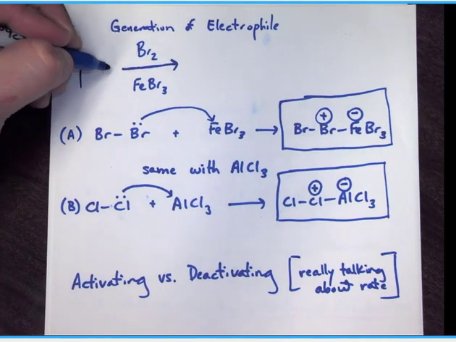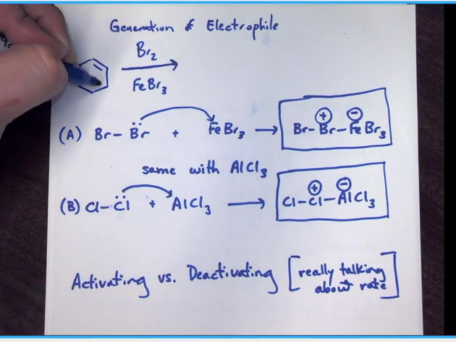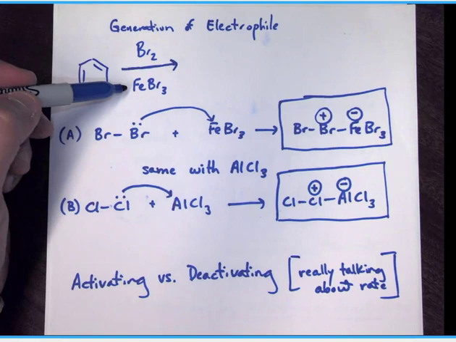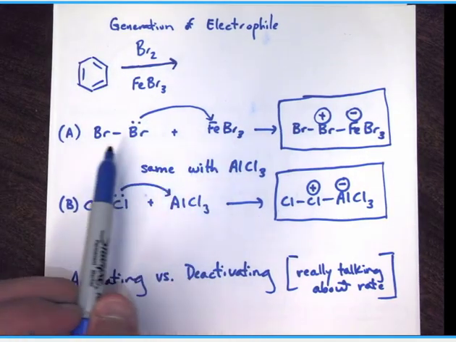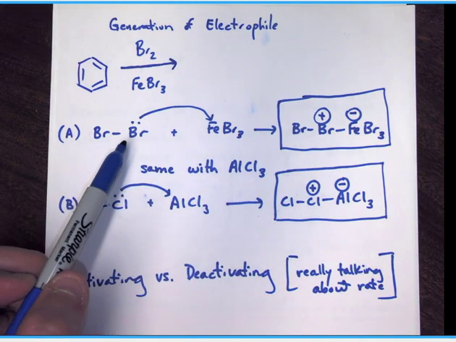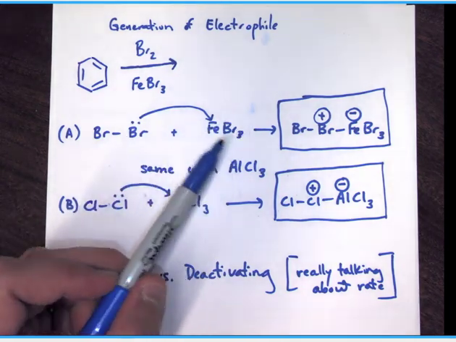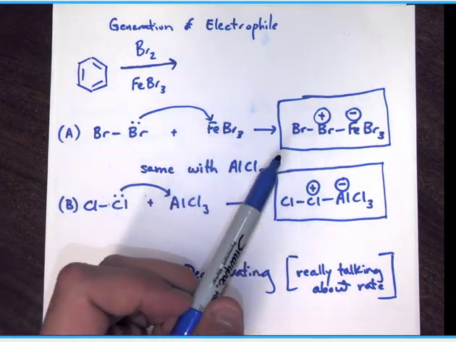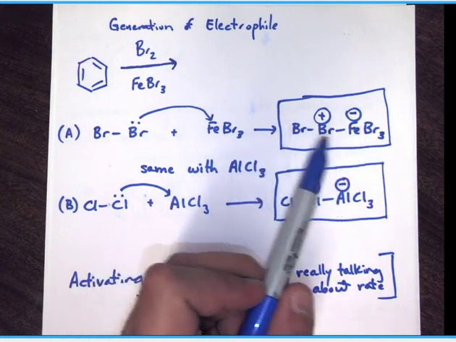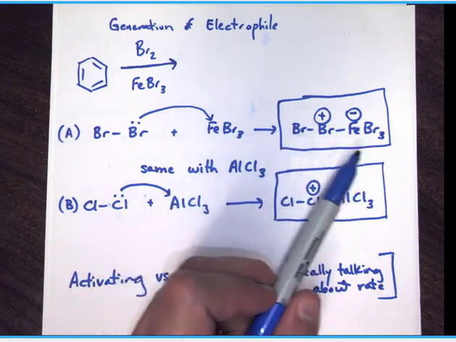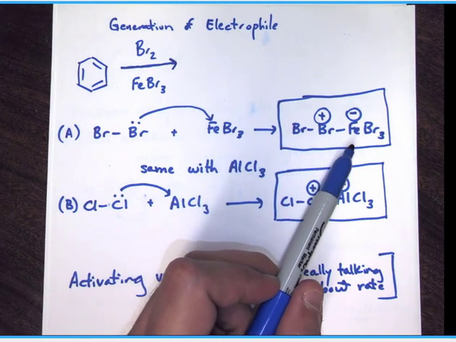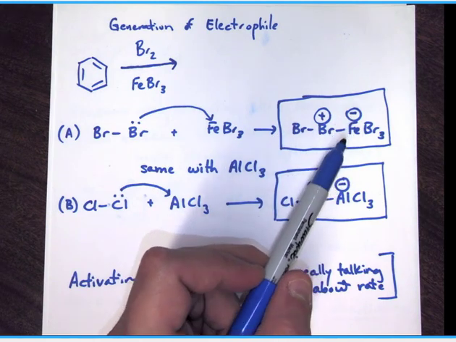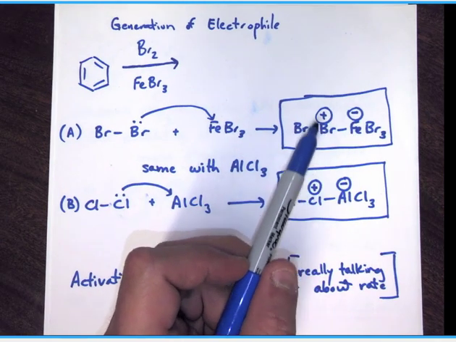So if I had my benzene ring over here, and Br2 and something like iron bromide, we would see first these two react with each other, where a lone pair from bromine attacks the metal center of our iron bromide. And you can see that we make this Lewis acid-base adduct, where now the iron, a metal, has a negative charge and our bromine has a positive charge.